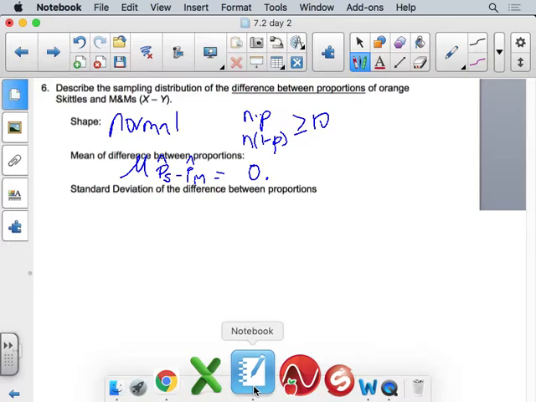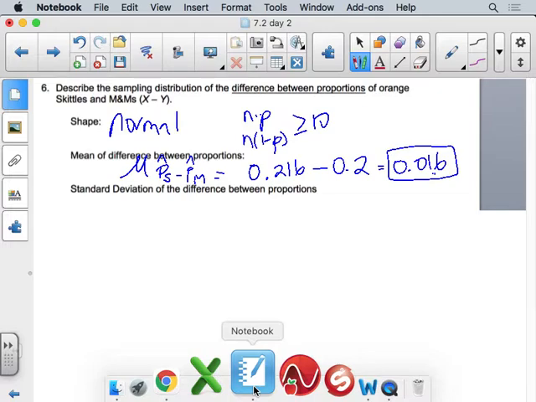We said from the Google search that Skittles was 21.6% minus 20% of M&Ms. So what do we expect over time to be the average difference between them? It would be 0.016, so that's like a 1% positive difference. So we're expecting a positive 0.016.